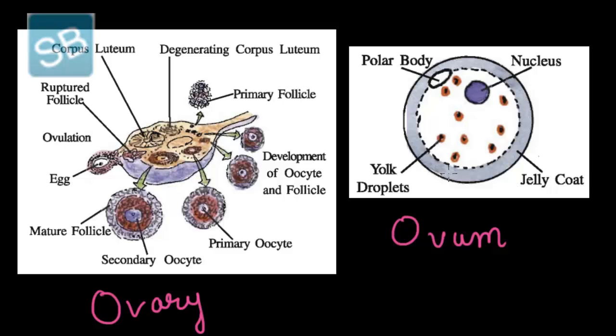This structure of the ovary depicts the process of oogenesis occurring within, where the development of the primary follicle along with the oocyte forms the primary oocyte, which after undergoing meiosis forms the secondary oocyte and is thereby converted into a mature follicle, which after ovulation undergoes fertilization, and if not, then the follicle gets ruptured.